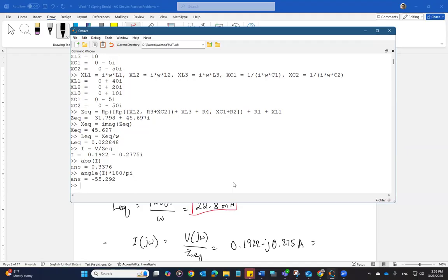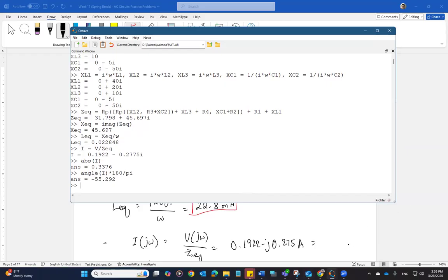Remember, absolute value gives the square root of x squared plus y squared. That is, it calculates the magnitude of a complex number, and the angle function calculates the phase of the complex number given in the rectangular form, but it calculates phase in radians, and that's why I'm multiplying it by 180 and dividing by pi to get the angle in degrees.